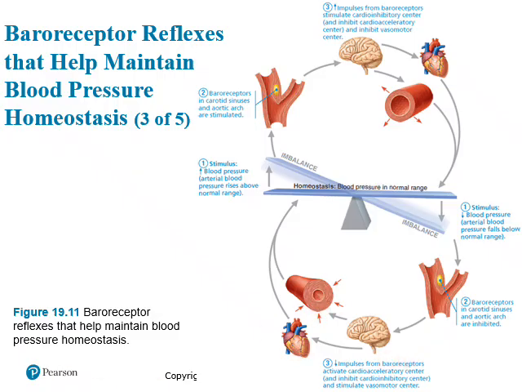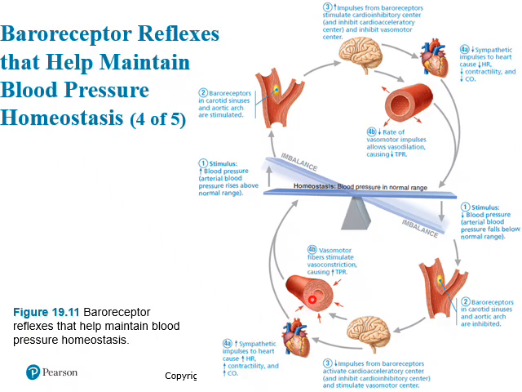So, finally, on this side here, there's going to be decreased sympathetic impulses to the heart, which will cause a decrease in the heart rate. It will decrease the contractility, and it will decrease the cardiac output.